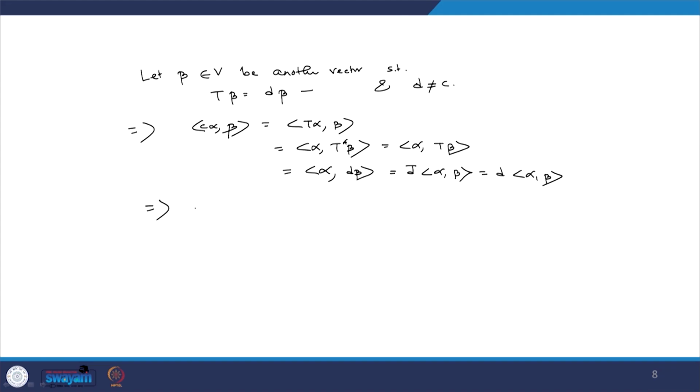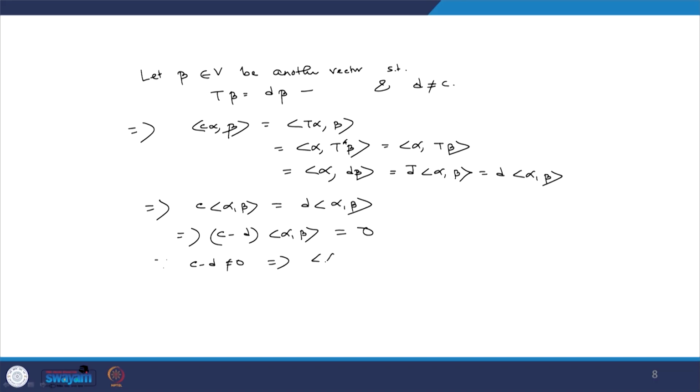So, this implies C into inner product of alpha beta equal to D times inner product of alpha beta. So, this implies C minus D times inner product of alpha beta equal to 0. Since C minus D is not equal to 0, inner product of alpha beta equal to 0.